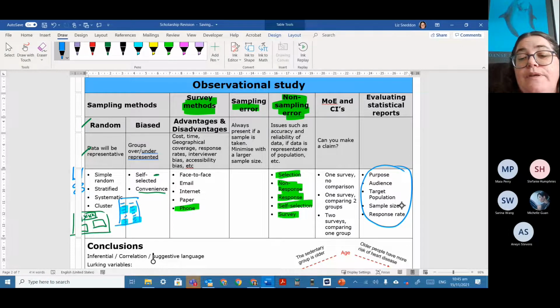Whereas things like sample size, now this is where you are just going to add a little note of caution. Sample size is important, but there's a point of decreasing return, if you like. And one thing I don't want you to think about with sample sizes, I don't care how big my population is. I only care how big my sample is.